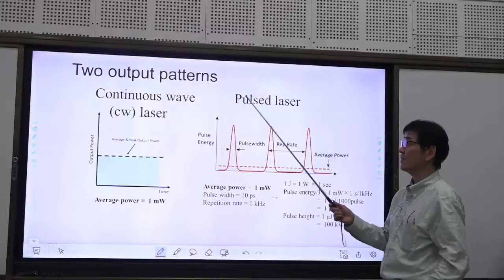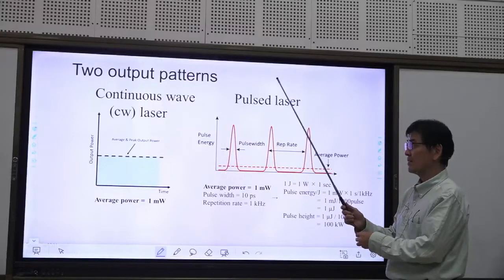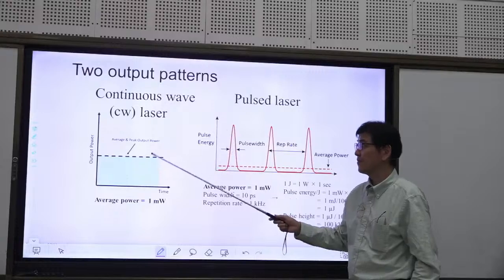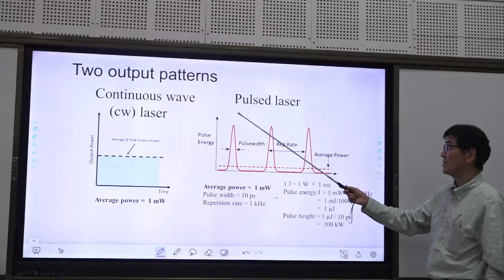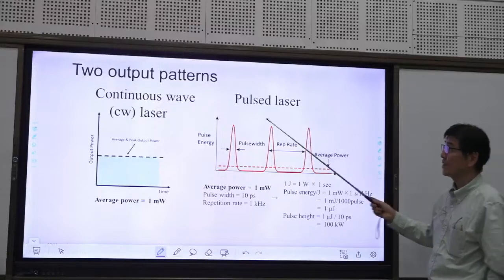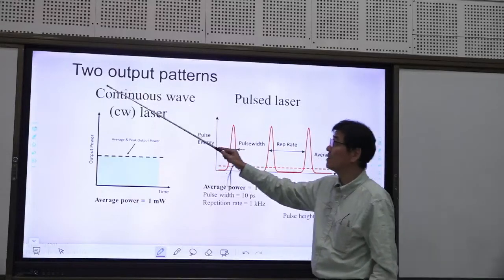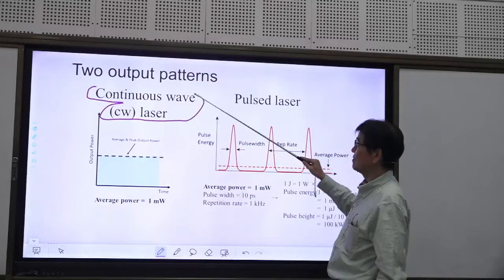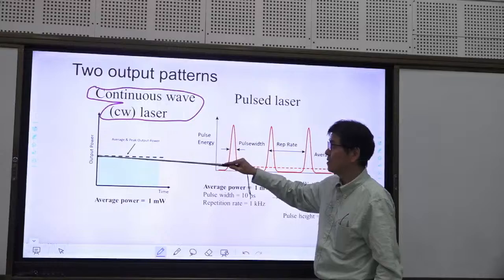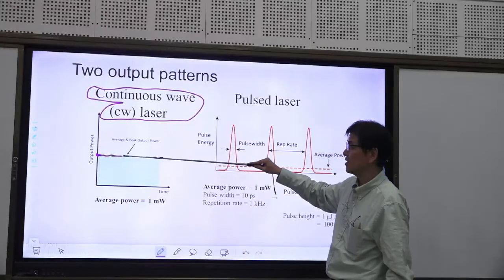And laser has two output patterns. One is a continuous wave, the other is a pulse laser. Continuous wave laser outputs the same intensity along with the time.